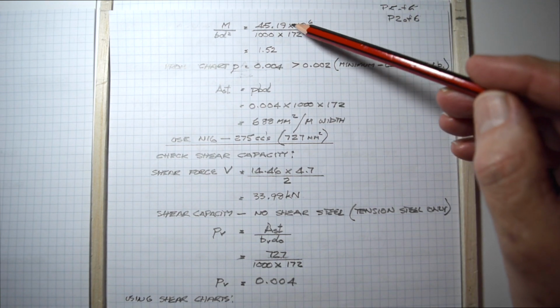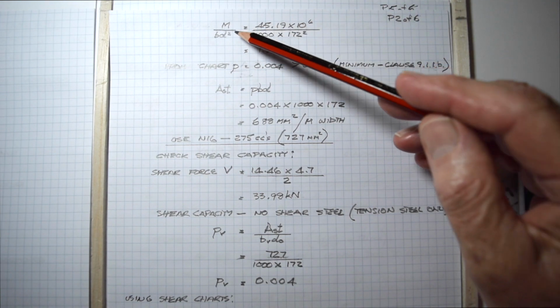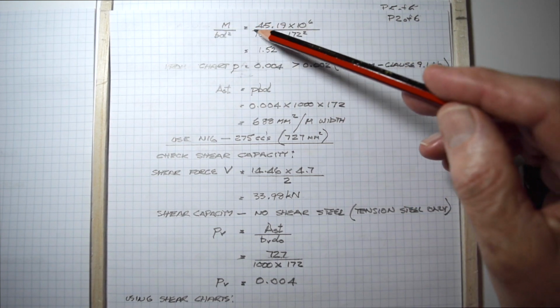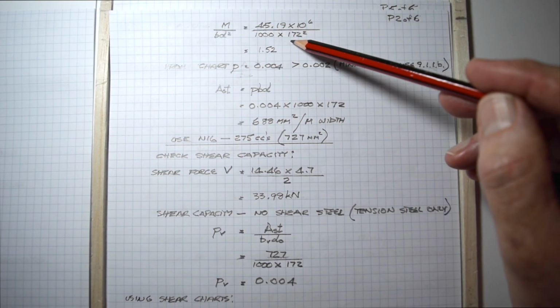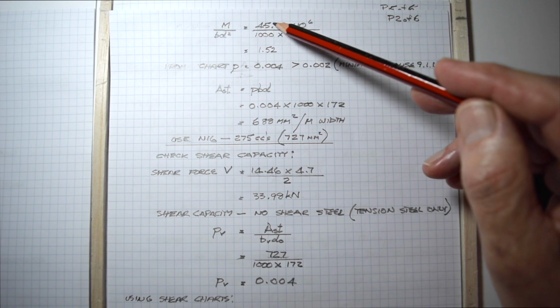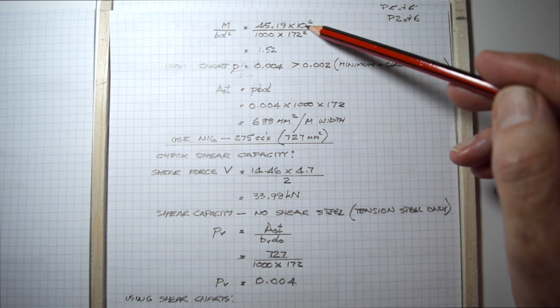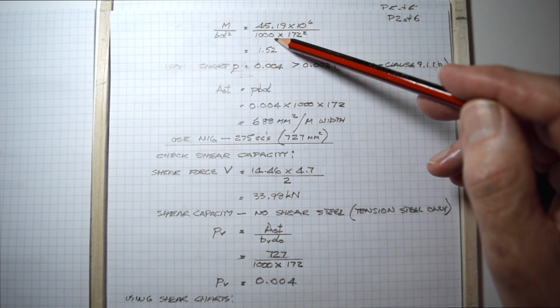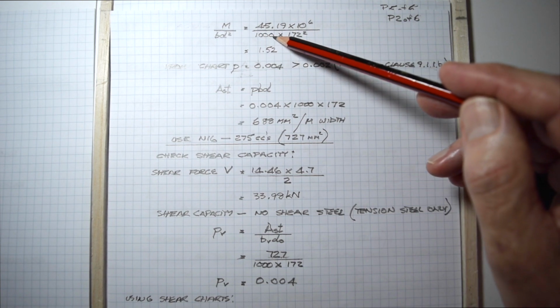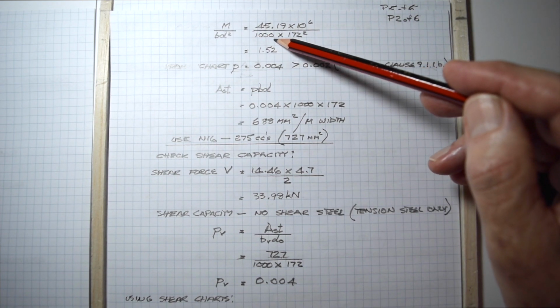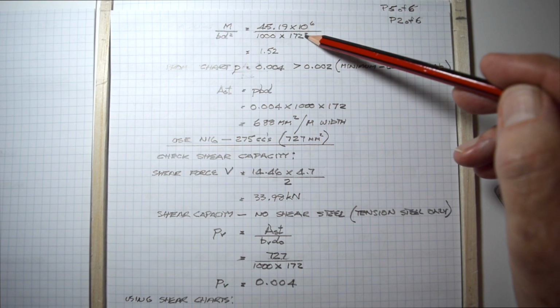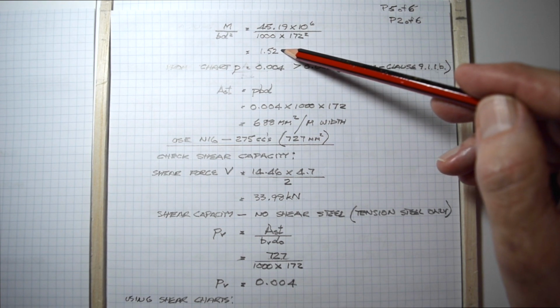the actual moment divided by BD squared, which is your lambda, along the bottom axis of the graph, is 1.52. The moment, converted to Newton millimeters, per unit width of slab, which is 1,000 millimeters, 1 meter, by the effective depth squared, gives you a lambda of 1.52.